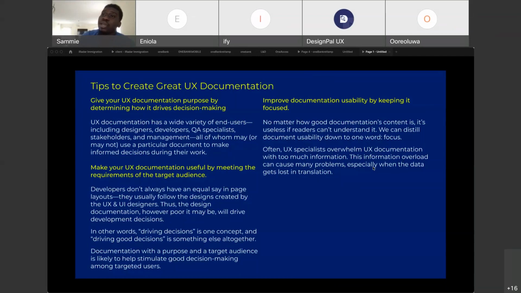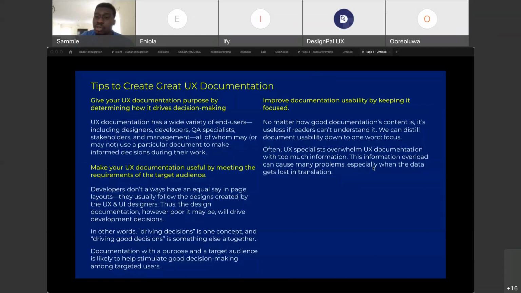Even if you document them, it might not be the fact that you're meeting your goal. So goals are what drive the thing. If your UX documentation is goal oriented, there's likelihood that your design documentation will be accurate and will enable other members of the team to understand what they're supposed to do.